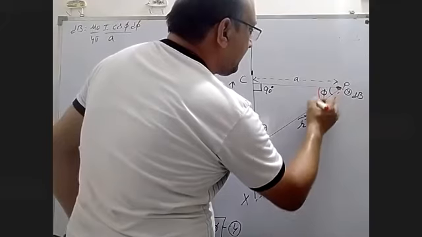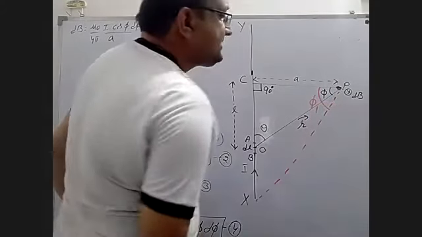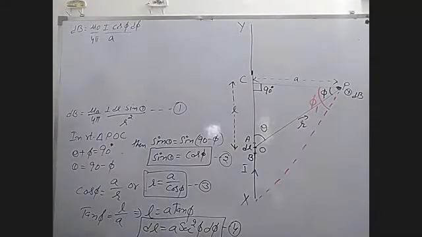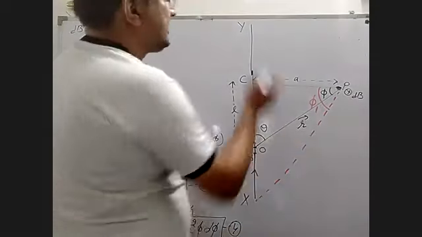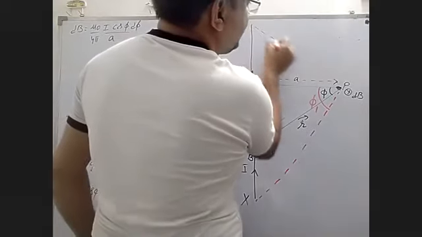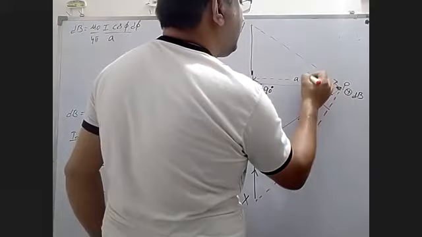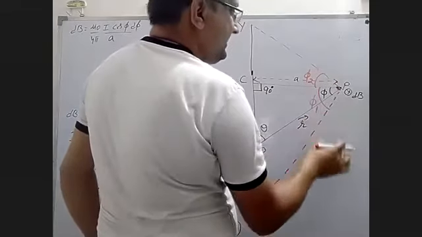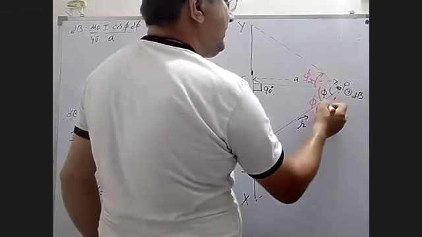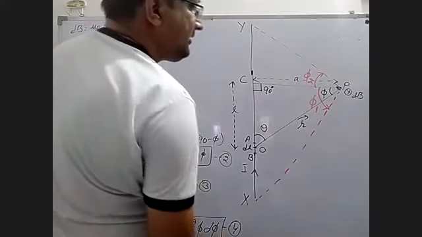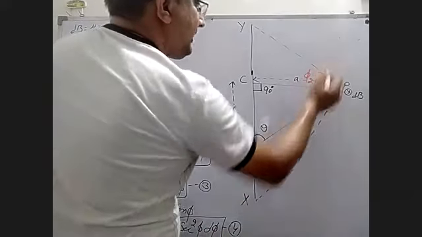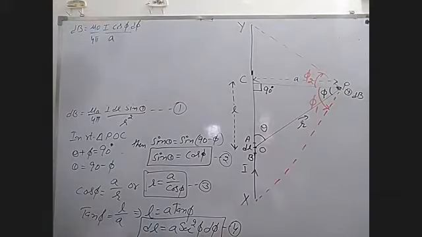This angle is phi 1 in below section, and this angle is phi 2 from this horizontal line. And this is in downward and this is in upward. You can see this thing. Phi 1 is in downward and phi 2 is in upward. So this is the limit of this phi.